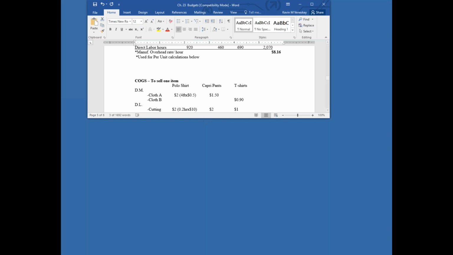So if I do the math, $10, and it only takes 2/10 of an hour, so for every shirt that's made, $2 is going to labor. Same thing with capri pants. It takes 2/10 of an hour. The t-shirt only takes 1/10 of an hour, so it's only $1. Now do the same thing for the sewing and see what you get. Go ahead and pause.